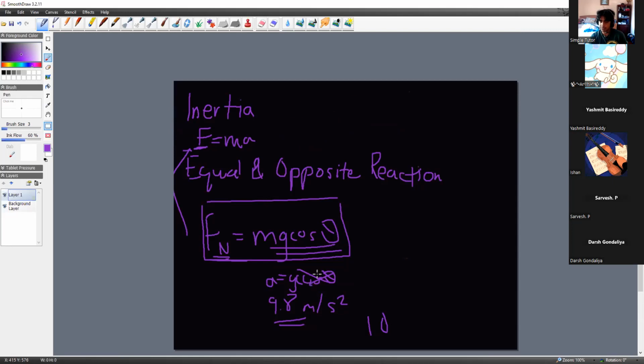Another question. Yep, what's up? So in this case, what would theta be? Like, what would the angle be? Well, I don't have a defined value. This is just symbolic, but the reason I have theta is that we can use our inclined plane. We have our forces, but as I said, we need to break them up into components.